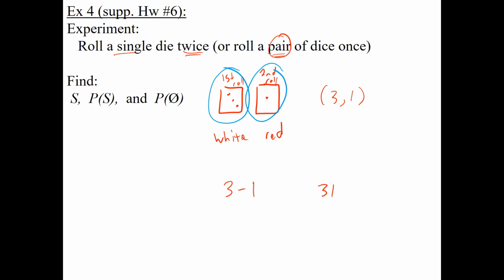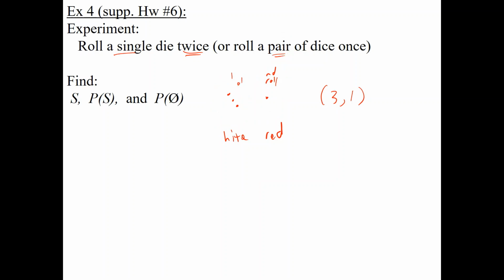Let me go ahead and erase this mess over here. Okay, so when we find the sample space, remember that it's a list. So to find the list, you're going to first put S and then curly brackets.